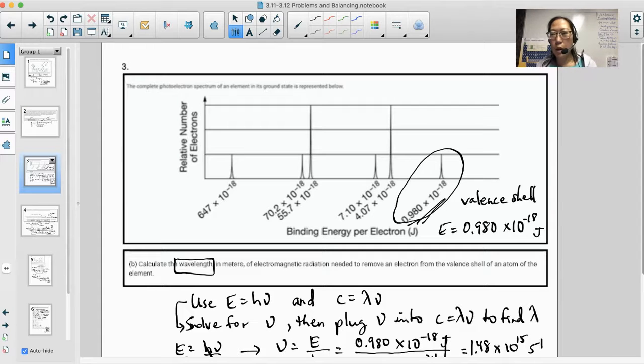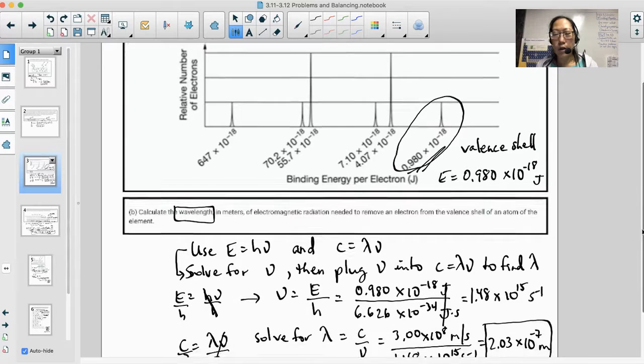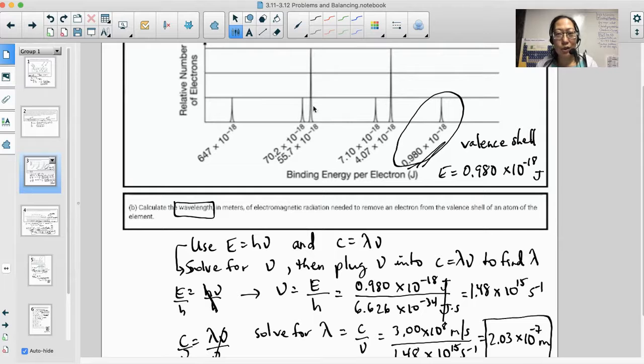For number 3, here's our old buddy PES spectroscopy. Remember that energies go from high to low. So the valence shell is the peak on the very right, the rightmost peak, and that's the binding energy of the valence electron.